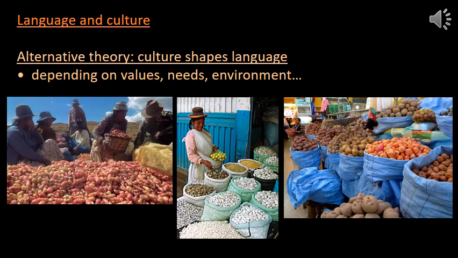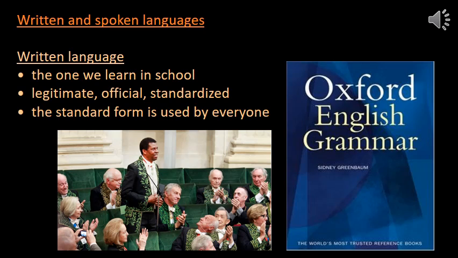As you know already, there is a written version for most languages in the world, and there's the spoken version of all languages. Written languages are the ones we learn in school. They are standardized, they are official, and everyone uses the standard form, the correct form of the written language.